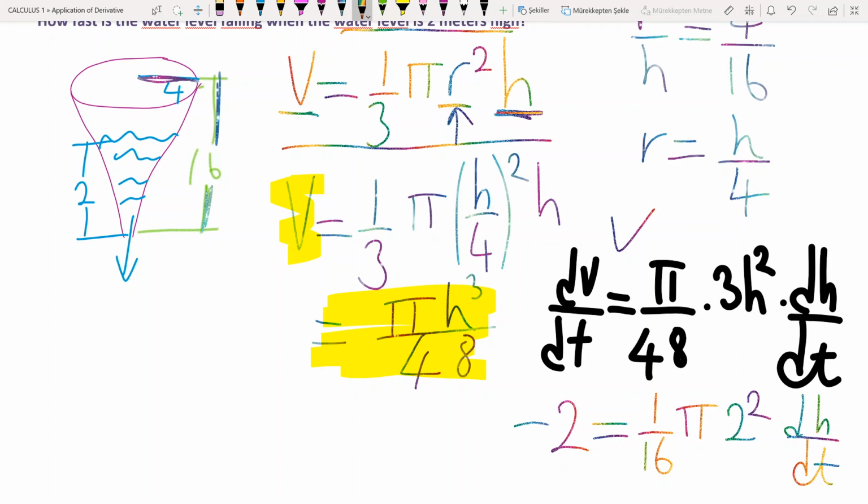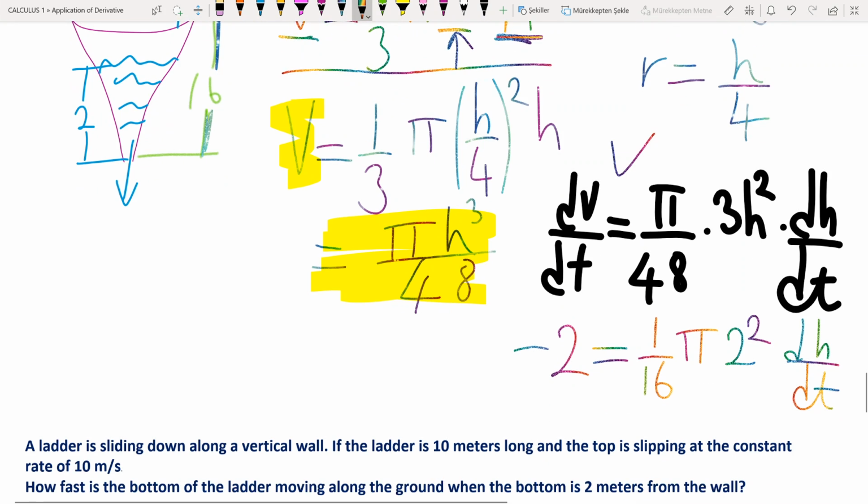So if you calculate, you will see that dh over dt becomes minus 32 over 4 pi. Okay, so the height of the water decreases at the rate of 32 over 4 pi.